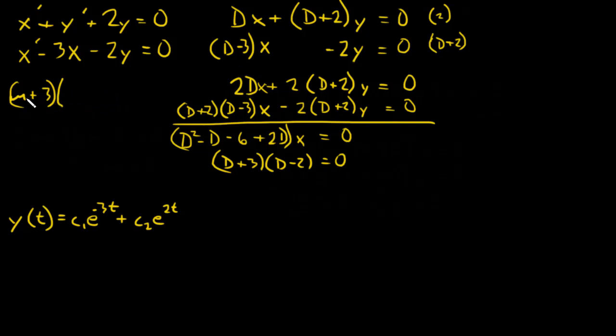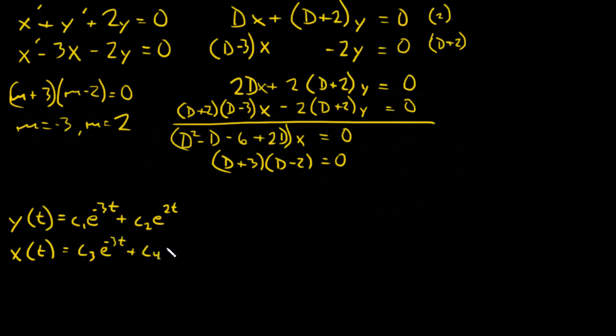They will always go back to the auxiliary. I'm okay either way. It doesn't really bother me. 2 equals 0, which is m equals negative 3, and m equals 2, which means that we have for x of t, c3 e to the negative 3t plus c4 e to the positive 2t.